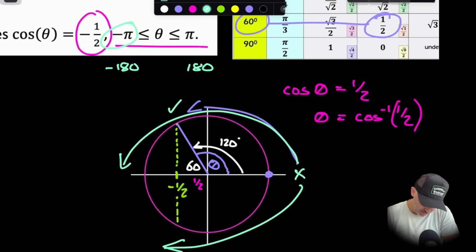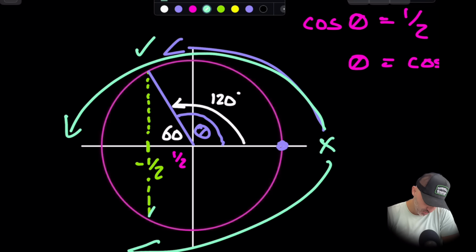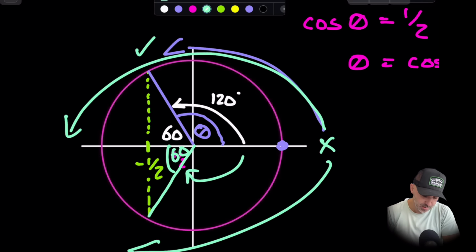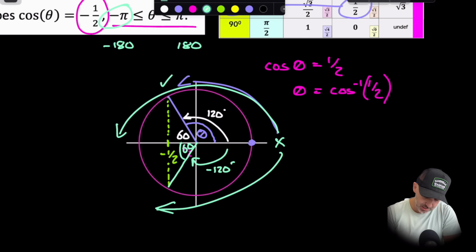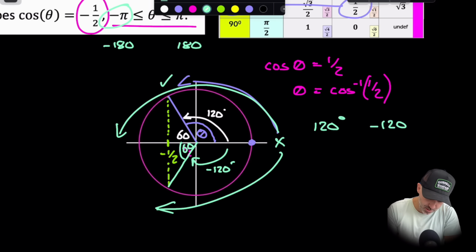There's going to be a second triangle down here. Sorry, it's a little bit messy there. That means we can turn this way, also 120, but that will be minus 120. So we've got two possible answers which result in the value equaling minus a half: a positive 120 and a negative 120.